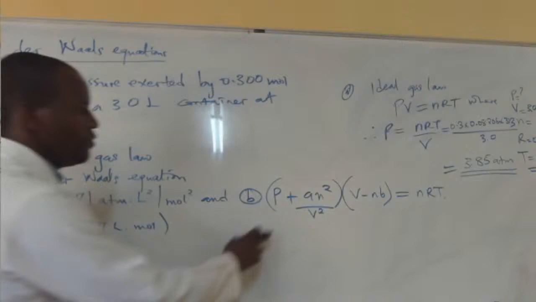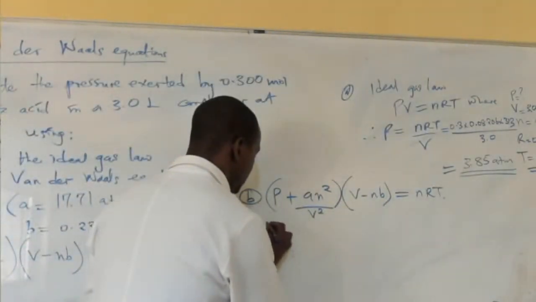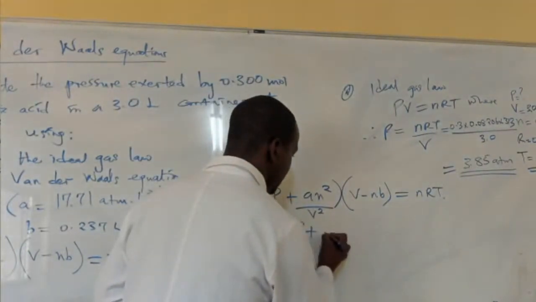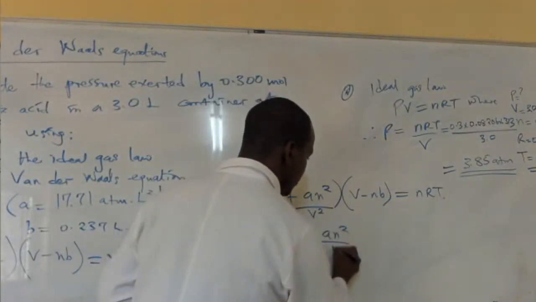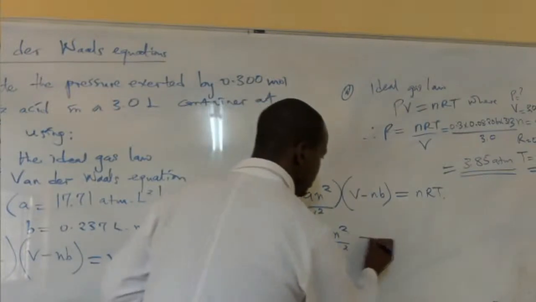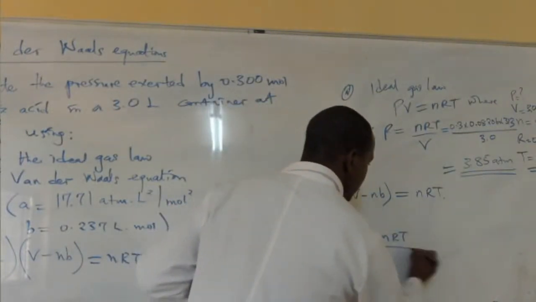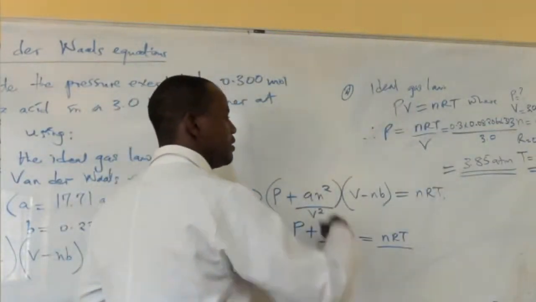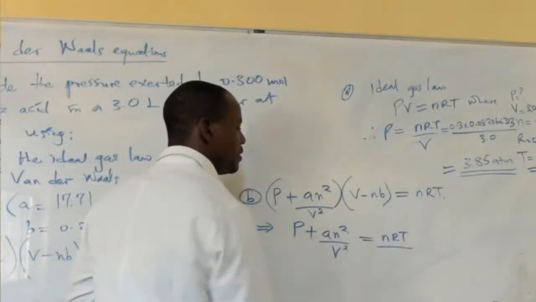if we have to solve for pressure, what we can do is just simplify this. We are going to say P plus an squared over V squared is equal to nRT divided by V minus nb. So this is taken to the other side by dividing both sides.